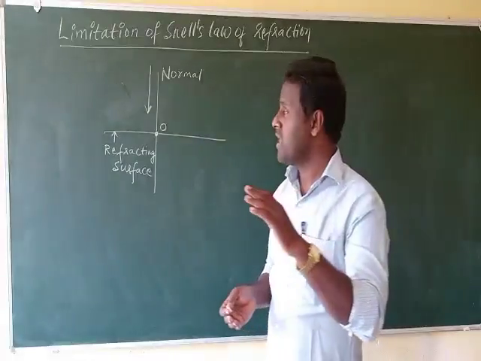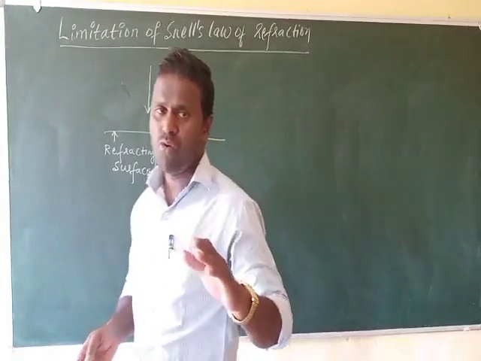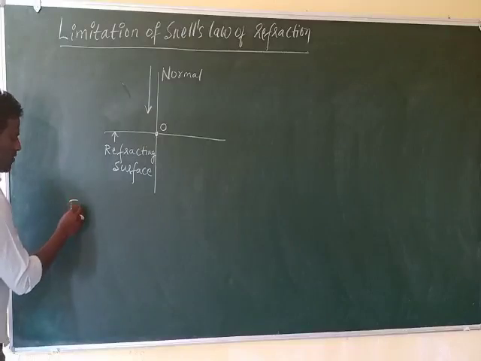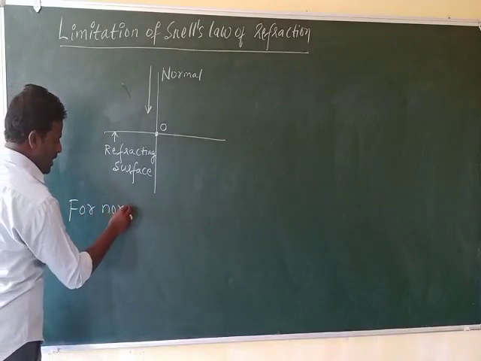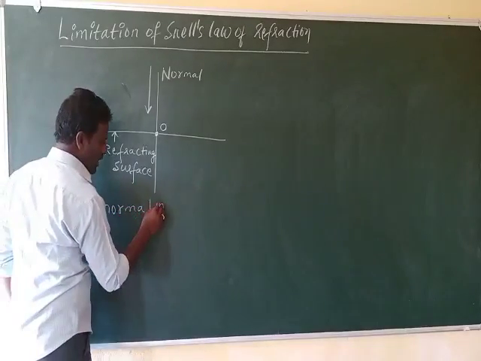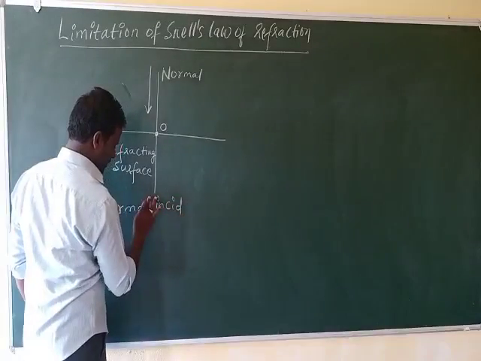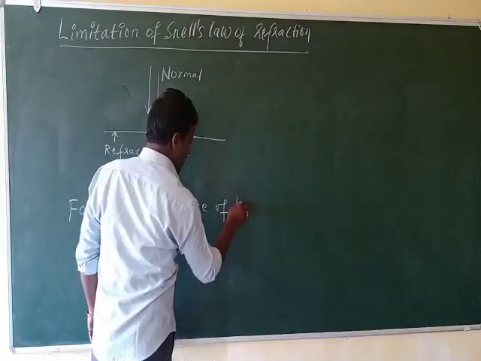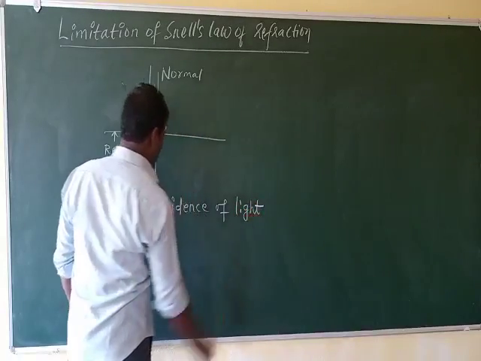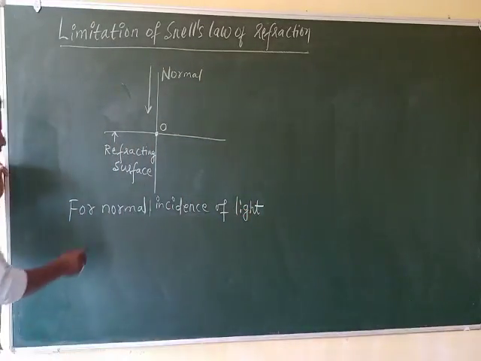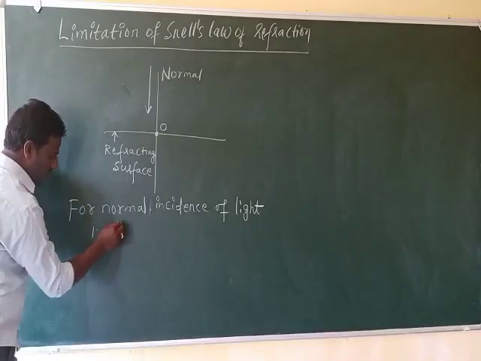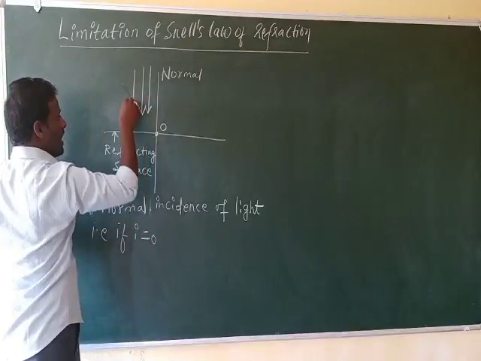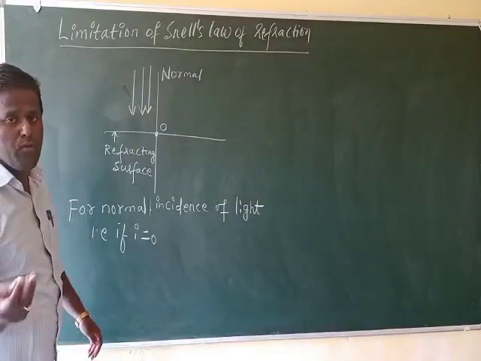Now Snell's law says sin I by sin R equals n2 by n1. For normal incidence of light, that is if I equals 0, there is no refraction.